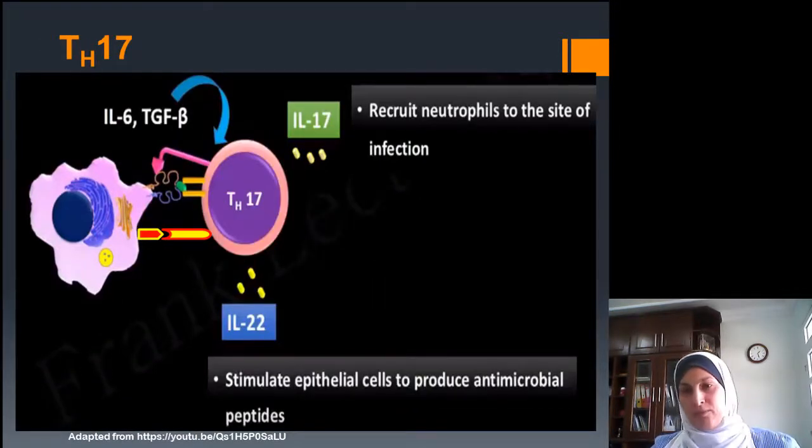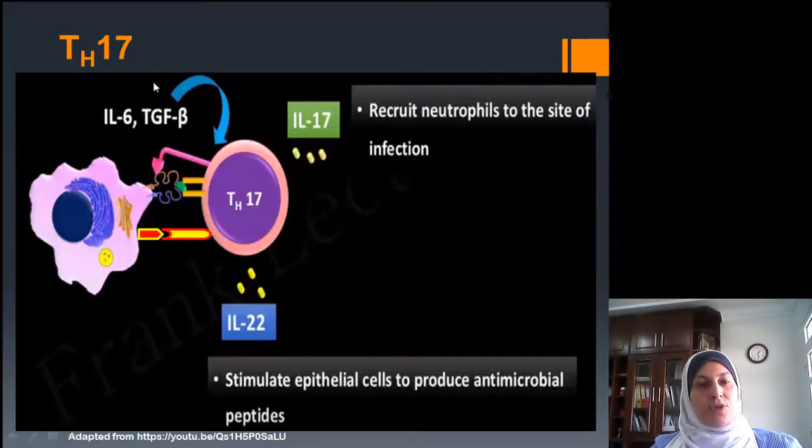Later, so when we used to study immunology, Th1, Th2 is all what we had. Later, new subclasses and categories of the CD4 T cells have been found. We have the Th17, and the reason why it is called 17 is because the T cell would produce interleukin 17. So the trigger for a T cell to become a Th17 is interleukin 6 and transforming growth factor beta.